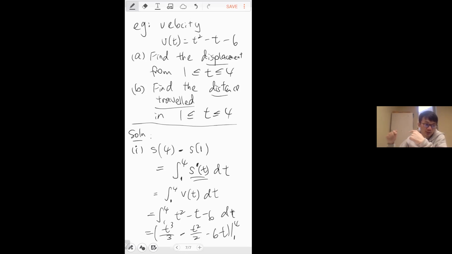For displacement, you only care about your initial position and your final position. For distance traveled, you care about where you turn around. So you care about the exact distance that you have actually traveled during the entire period. So how do I find the distance traveled?